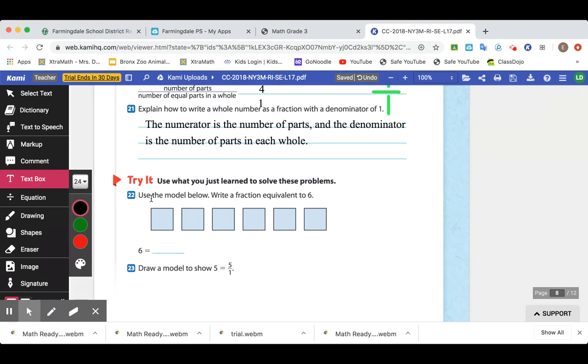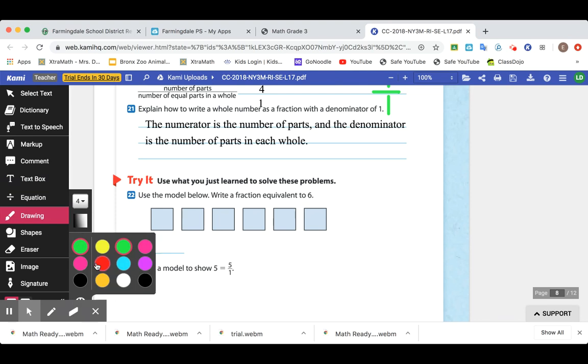All right, question 22 says try it. Use what we learned to solve these problems. Use the model below, write a fraction equivalent to 6. So we're saying there's 6 here, and we want a fraction that is equal to 6 and represents this picture. So how many wholes do we have?